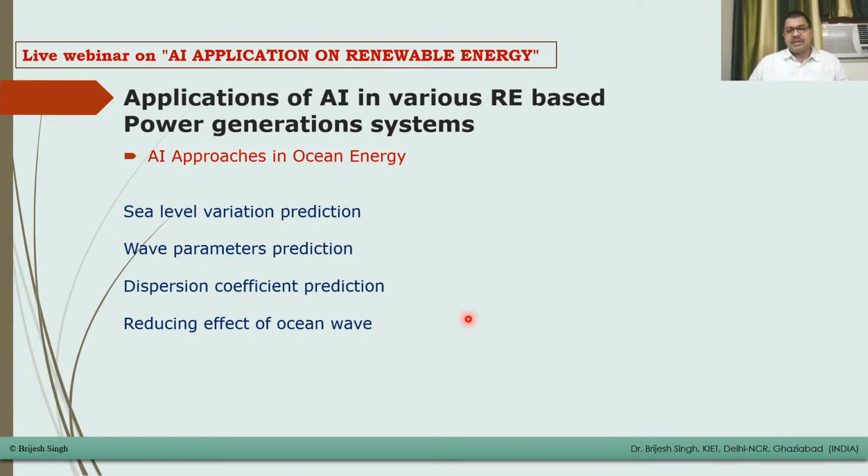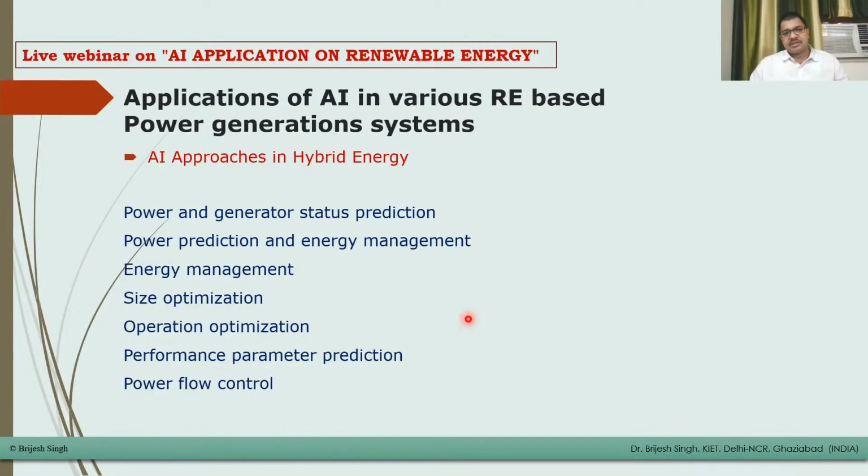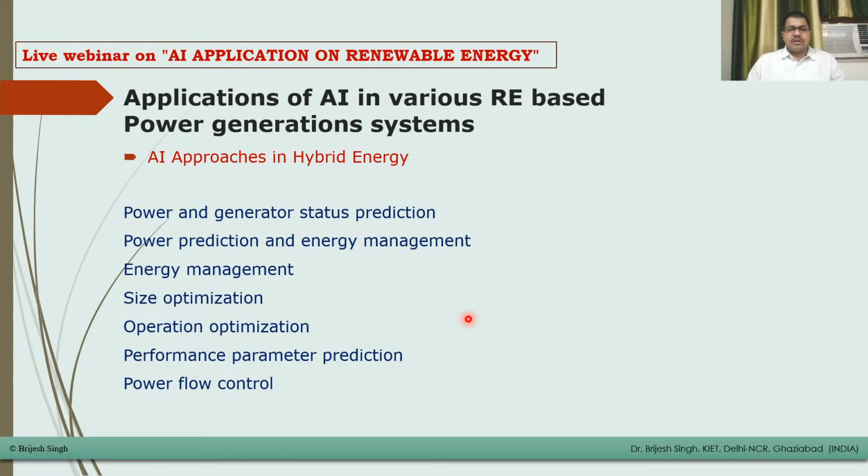So being a researcher or a student, if you want to work on this, you can work on this. Okay. Now similarly for bioenergy and hydrogen energy, I have only listed them here. These are some important topics where you can apply AI.